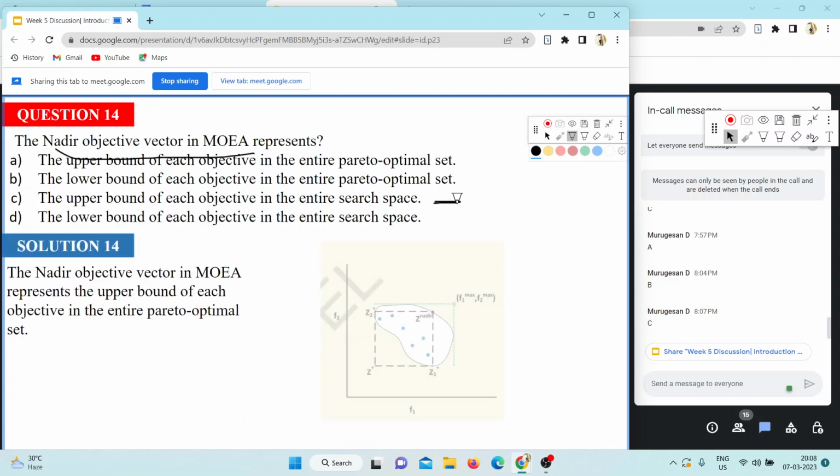Okay, so let's talk about this Nadir objective vector.